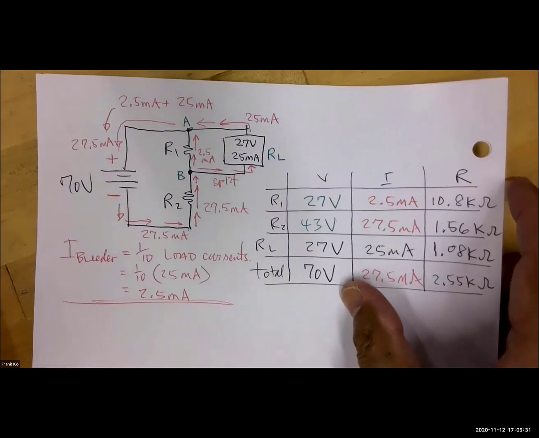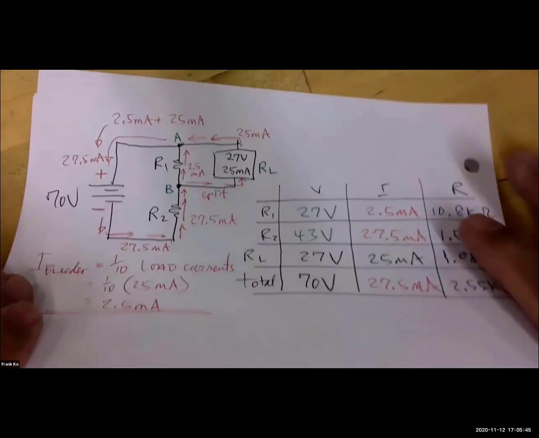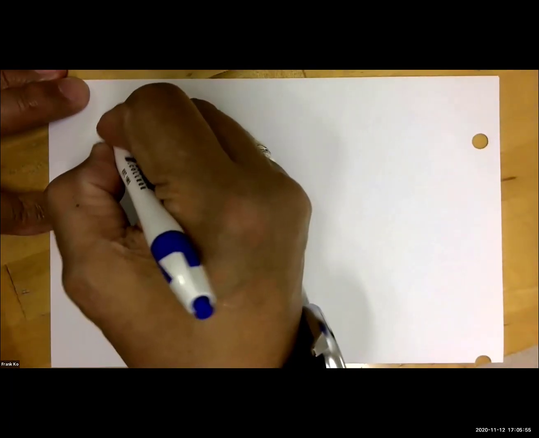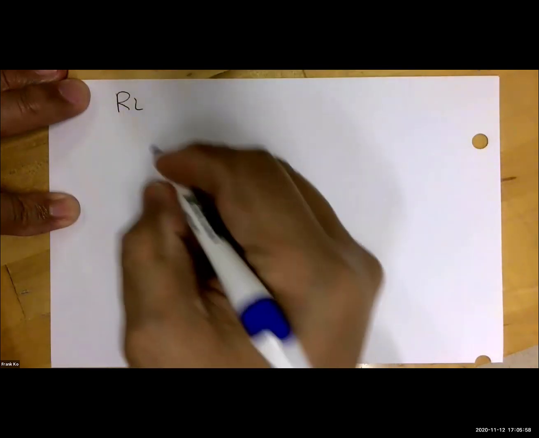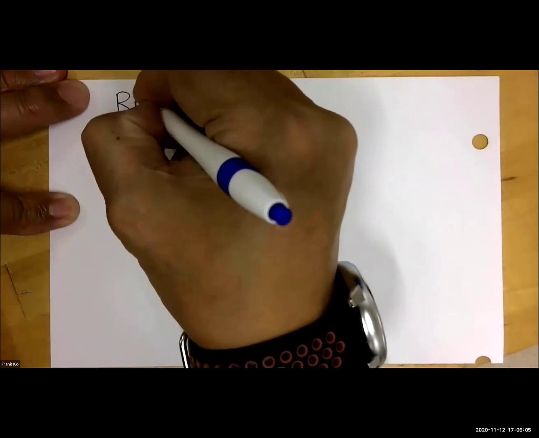Okay, and let's see. We will do a different analysis. We may jump back to voltage divider in a moment, but let's take a look at a different analysis, and this would come from our circuit. Let's stay with an RC circuit.